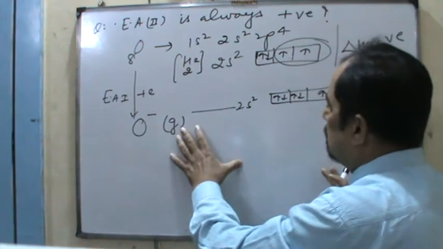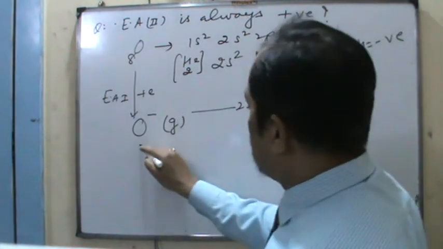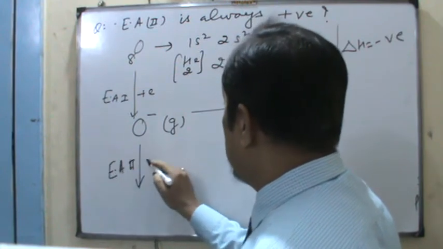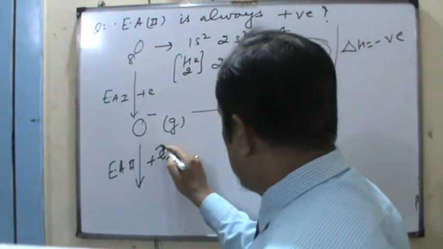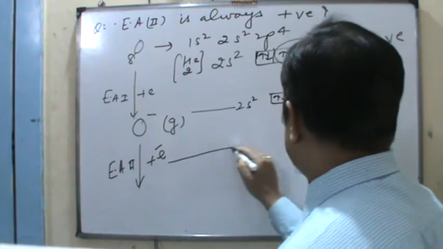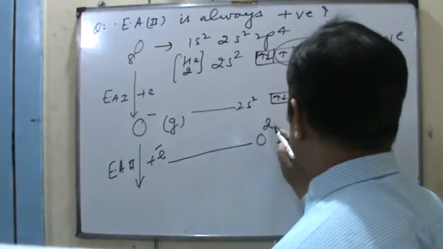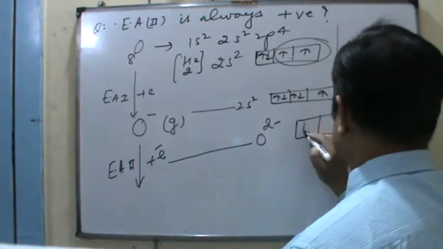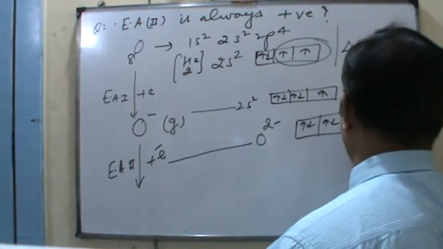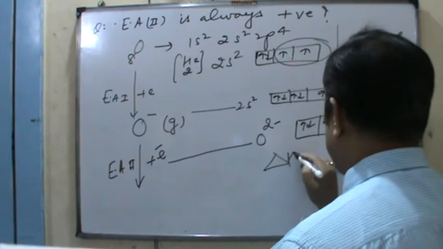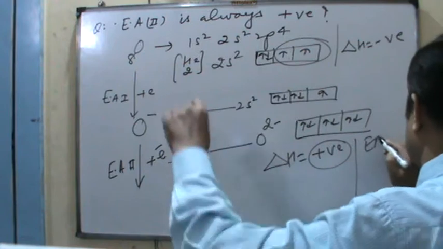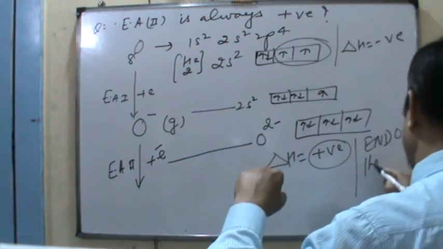But dear students, here once you provide the other electron, electron affinity second, it becomes O 2 negative, and it is a state of stability. But delta H is positive because the reaction is endothermic.